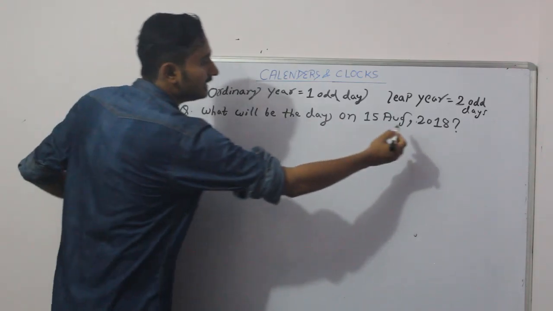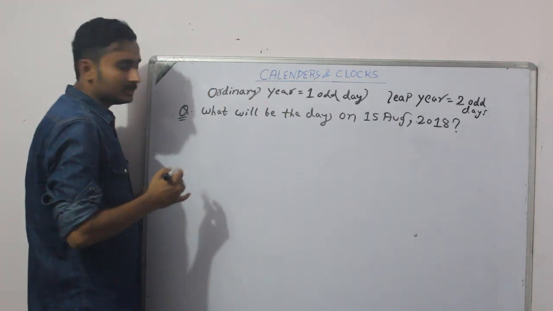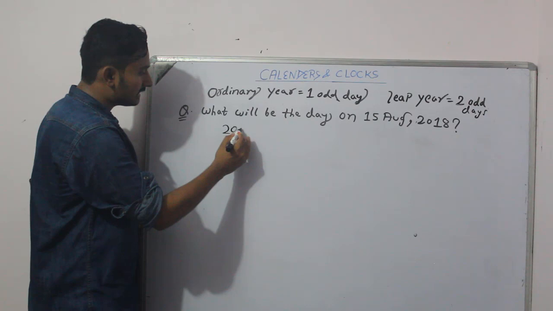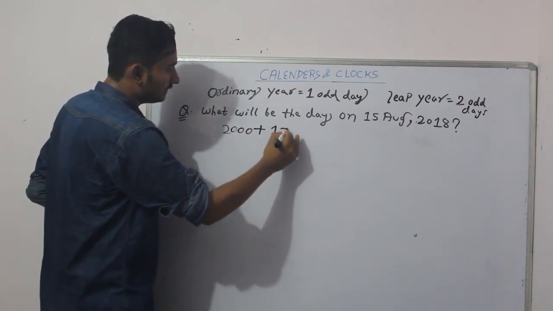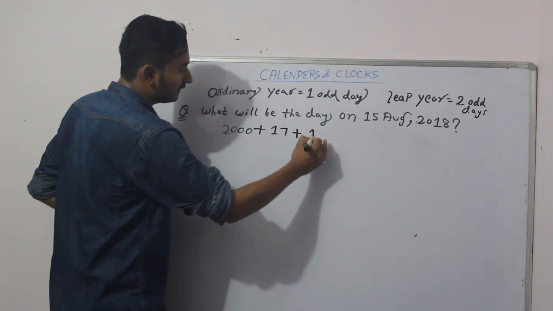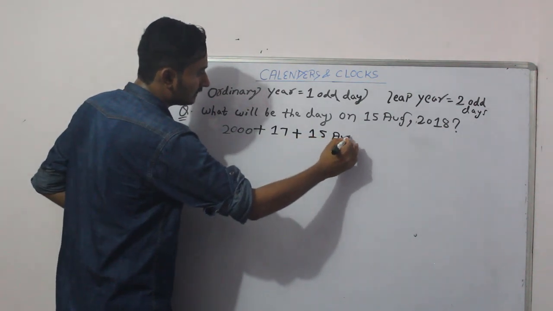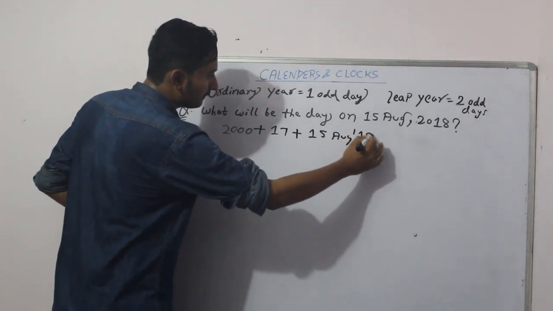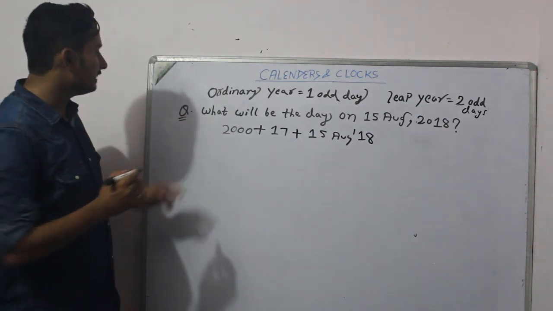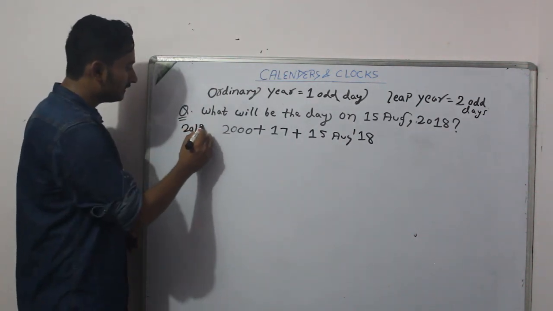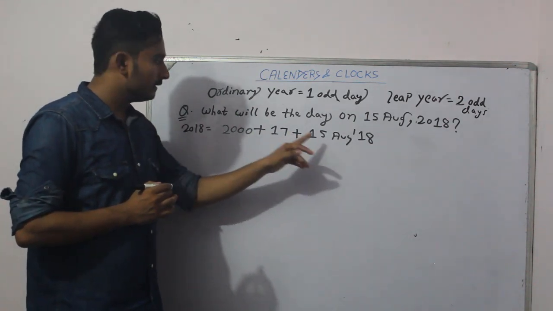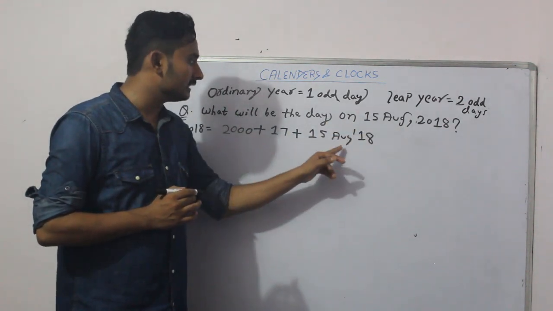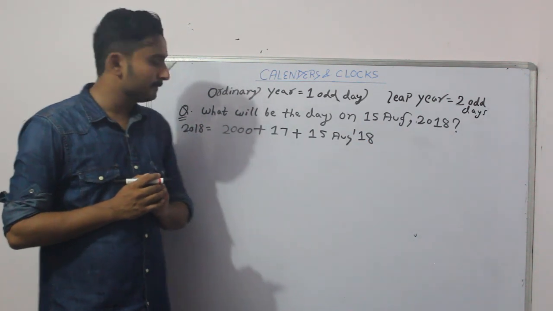The given year is 2018, so we can write 2018 as 2000 plus 17 plus up to 15th August 2018.